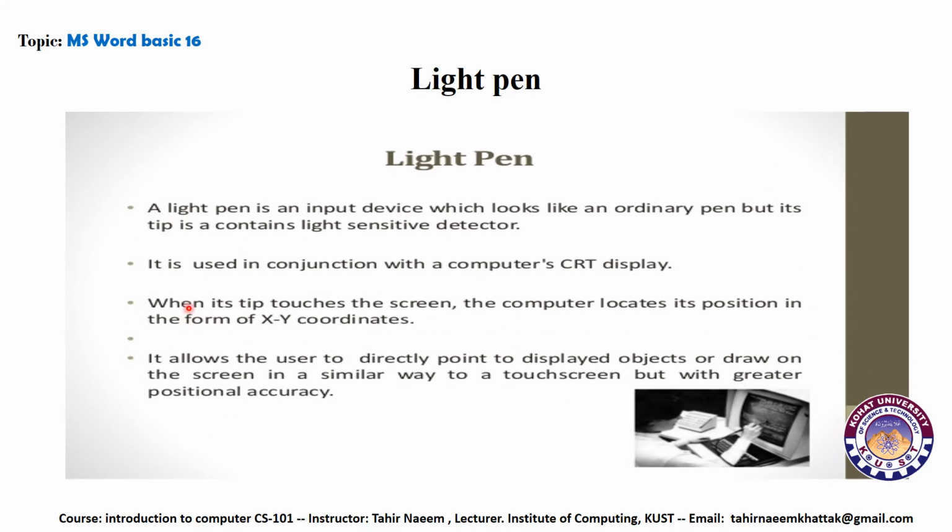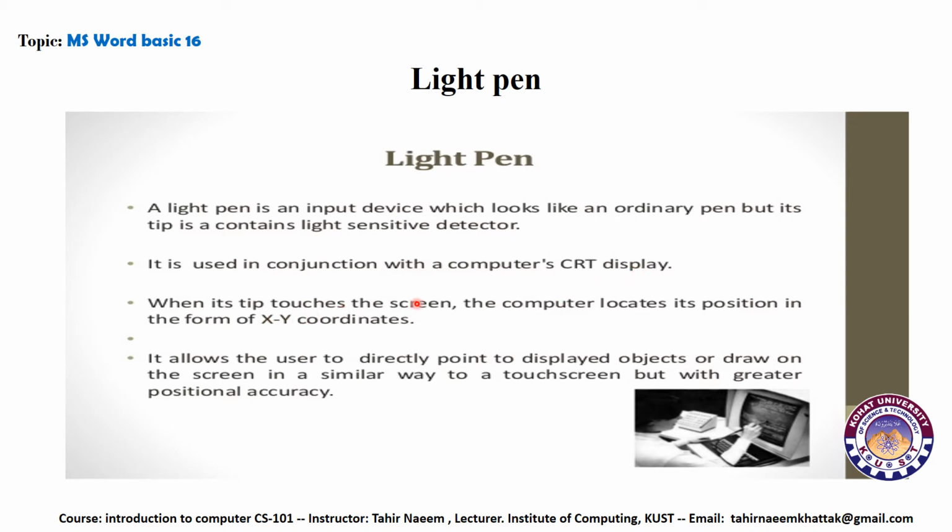Light pen. A light pen is used for input and looks like an ordinary pen, but its tip contains a light sensitive detector. That is the only difference between an ordinary pen and the light pen. It is used in conjunction with a computer CRT display.